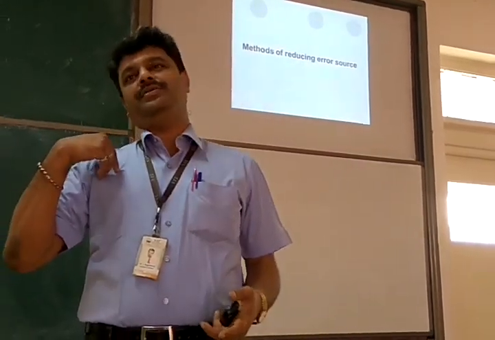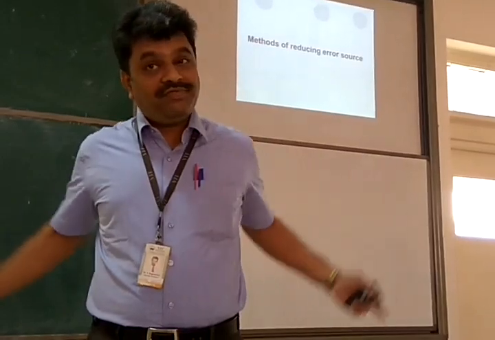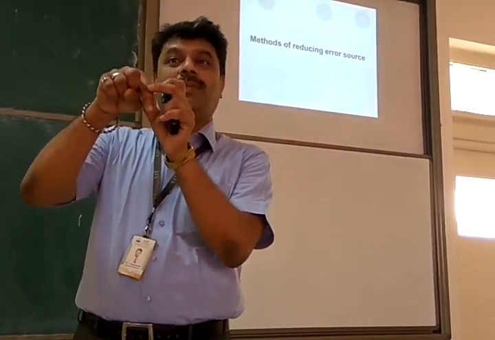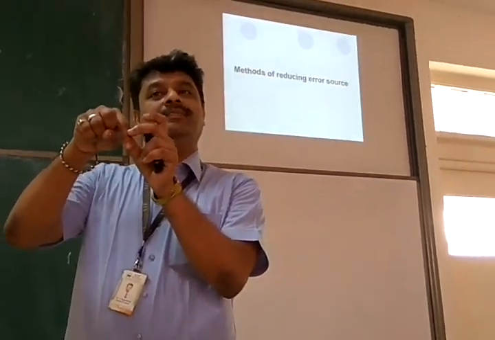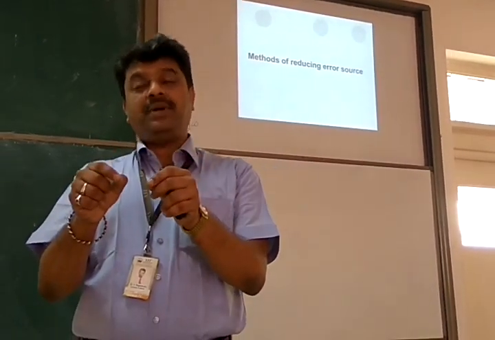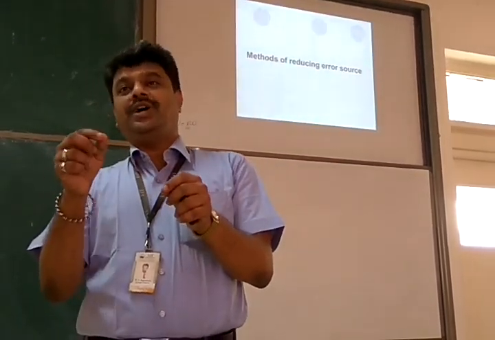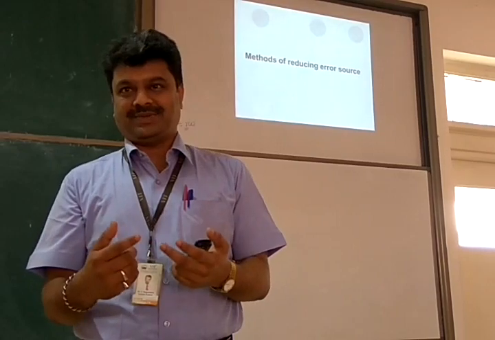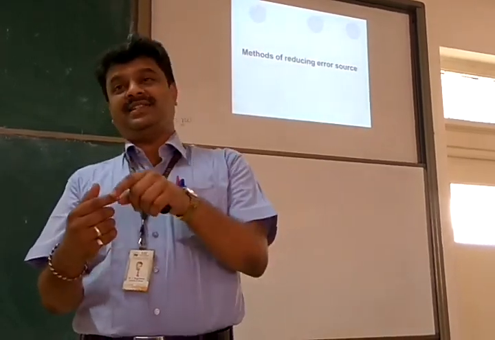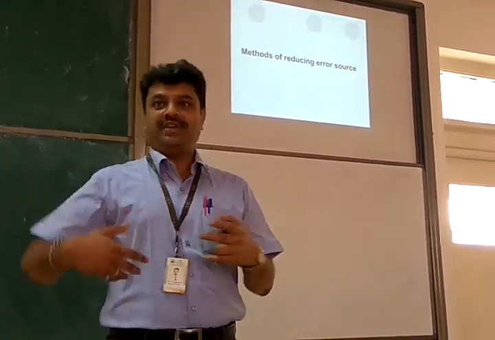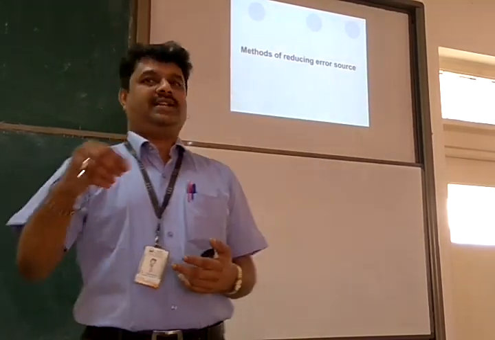Then only will we be able to measure the actual temperature. Suppose wind velocity comes and cools the thermocouple closer to the hot junction, then the temperature actually sensed will not be equal to the temperature of the medium. So if wind velocity is there, it gets affected.